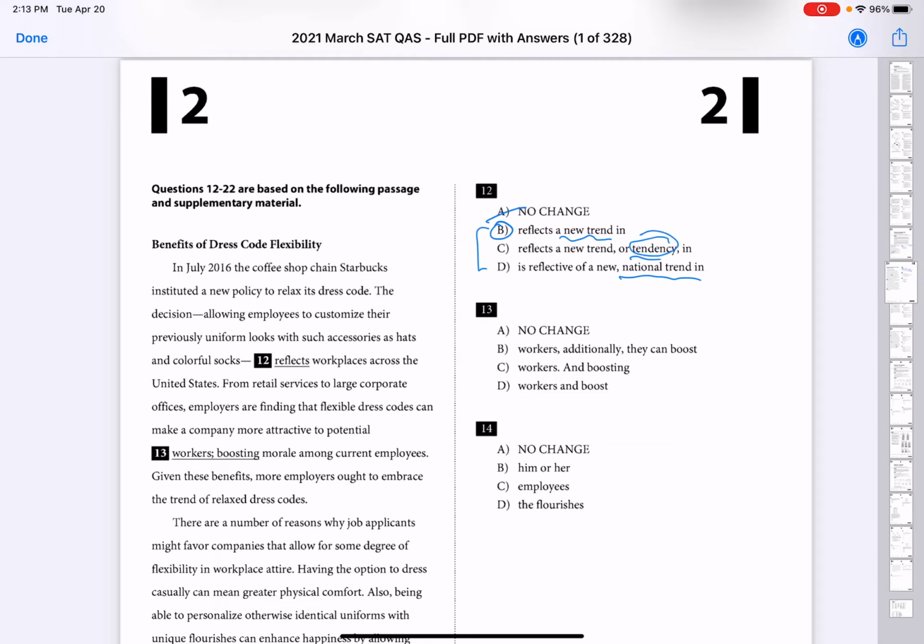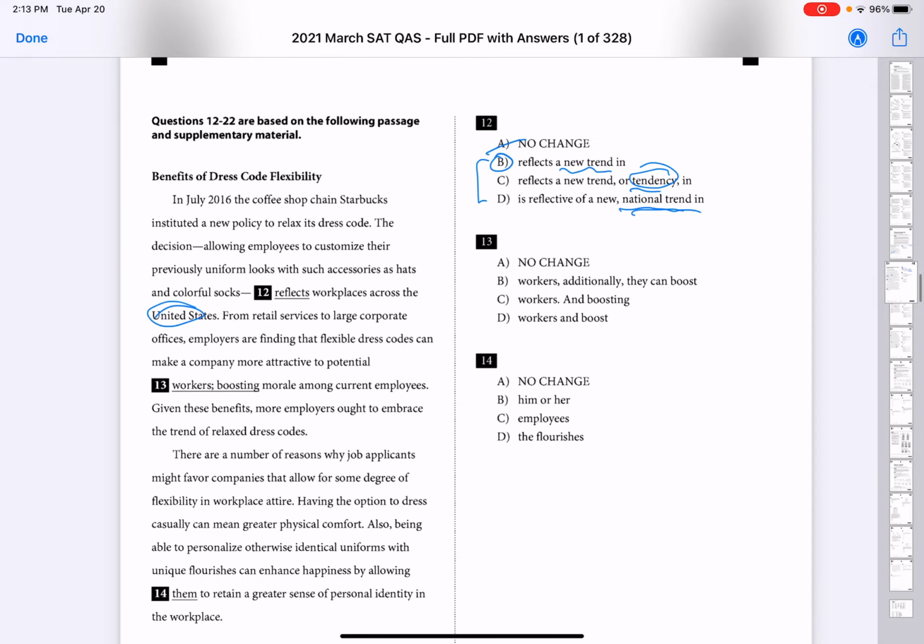A tendency is kind of like a trend, so it's repetitive. You don't need the word tendency. Answer choice D is reflective of a new national trend. You don't need reflective of a new national trend because they already say that it's in the United States as well. So we already know that's national. So 12 should be B.